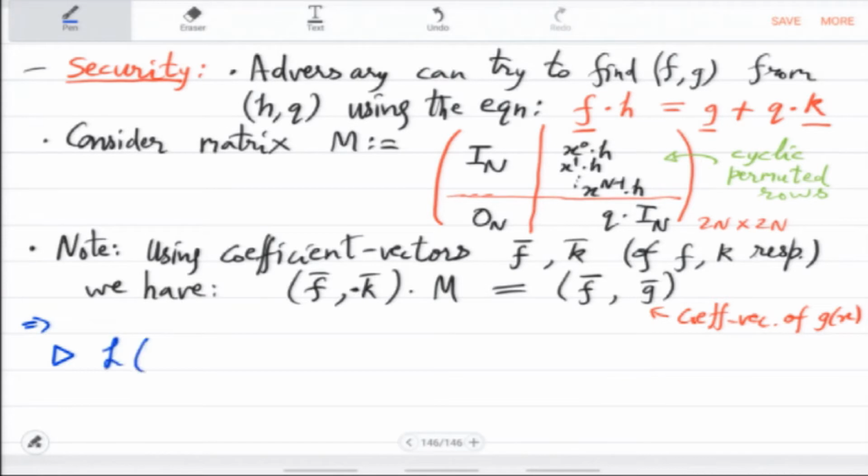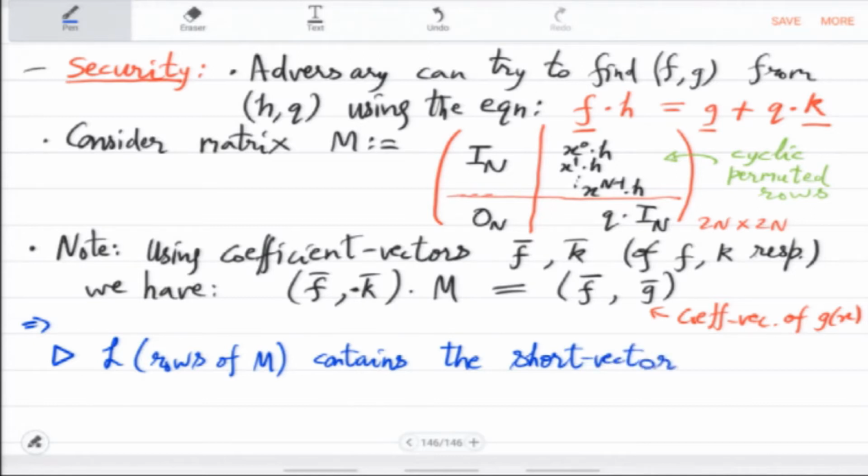The lattice generated by the rows of M contains the short vector f bar g bar.